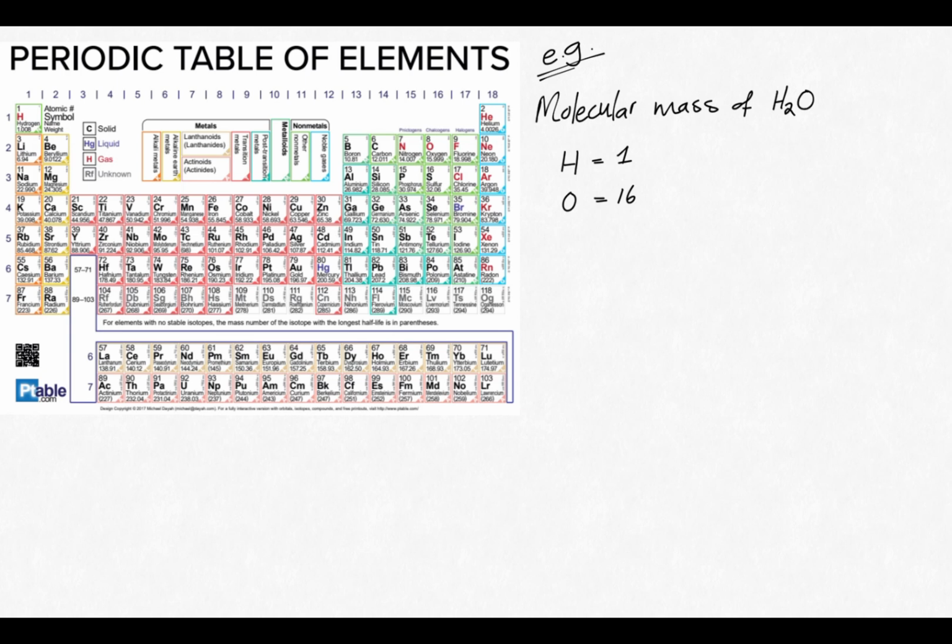We have 2 hydrogens, so we say 2 times 1. And then we have 1 oxygen, so we add 1 times 16. This will then give us a total of 18. Remember, this one also does not have any units as it's a ratio.